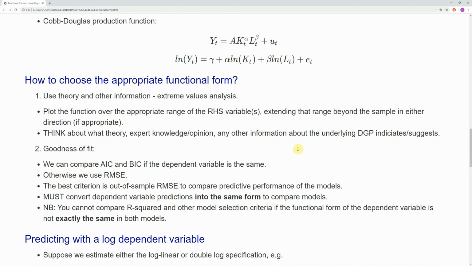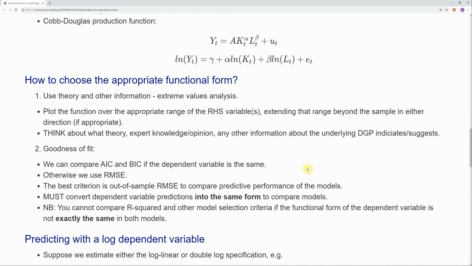If the dependent variable is not the same for different models that you're comparing, then your residual sum of squares are coming from different dimensions, and residual sum of squares are used in creating AICs and BICs.